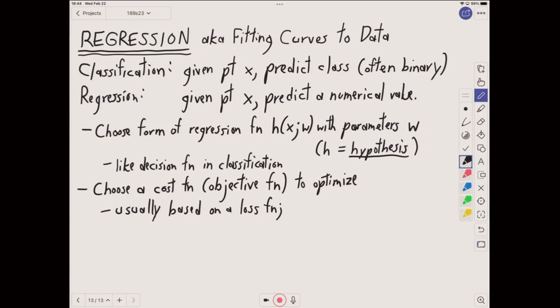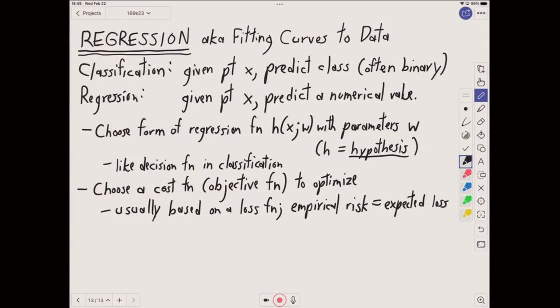We'll pick a loss function for each training point or test point, and then we'll pick how we agglomerate all those loss functions together, the expected loss. And so, for example, we might wind up choosing our cost function, the empirical risk, which is the expected loss over the training data. So that's the general scheme.